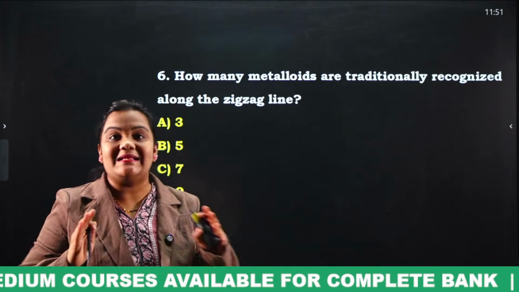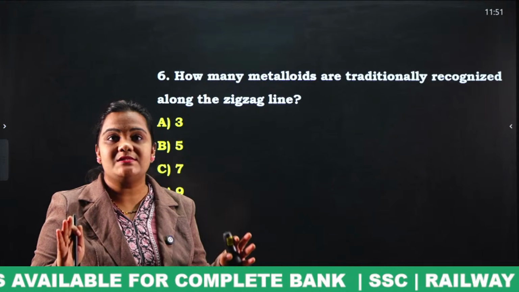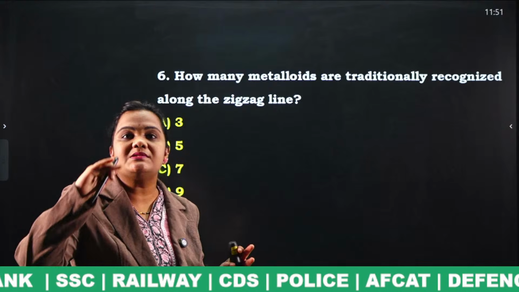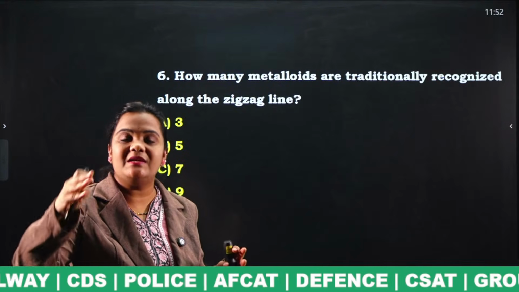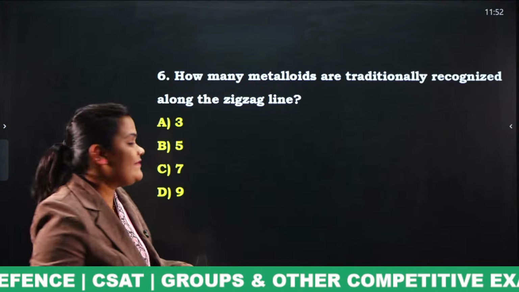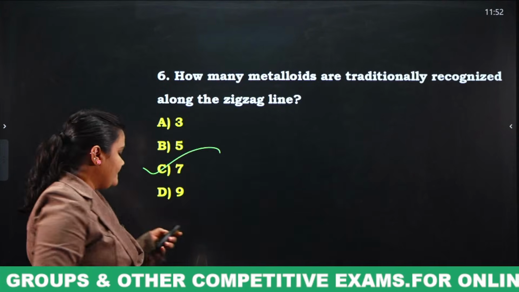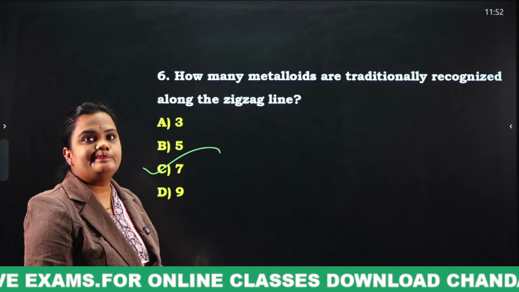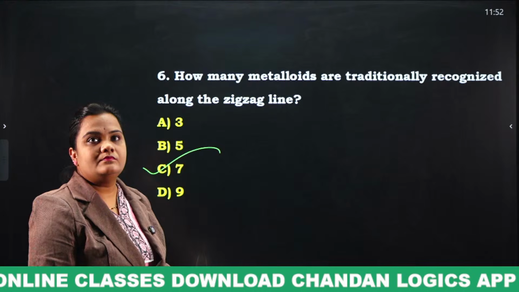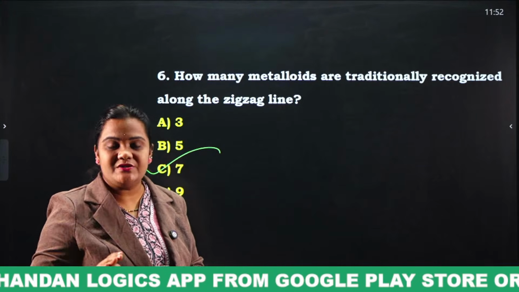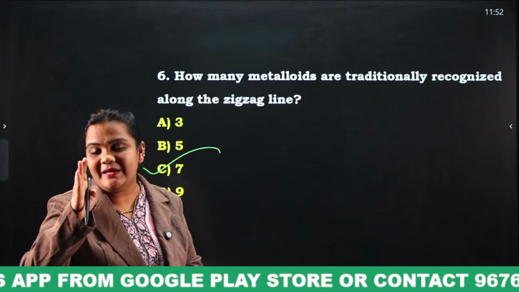Give me the correct answer. Don't guess, students. We have already discussed them. Boron, silicon, germanium, arsenic, tellurium and 2 more. So almost 7. Very good. Even if you don't know the answer, just imagine, students, how many periods we will have.